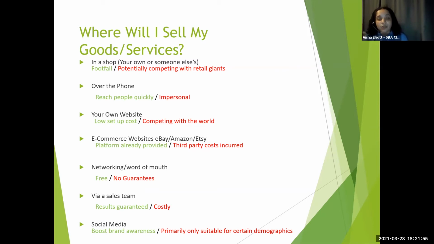But this has its own set of drawbacks because we know that it is usually younger people on social media looking to make these sorts of purchases. So if your service is designed to mainly suit the elderly, social media is probably not the best place to be marketing it.